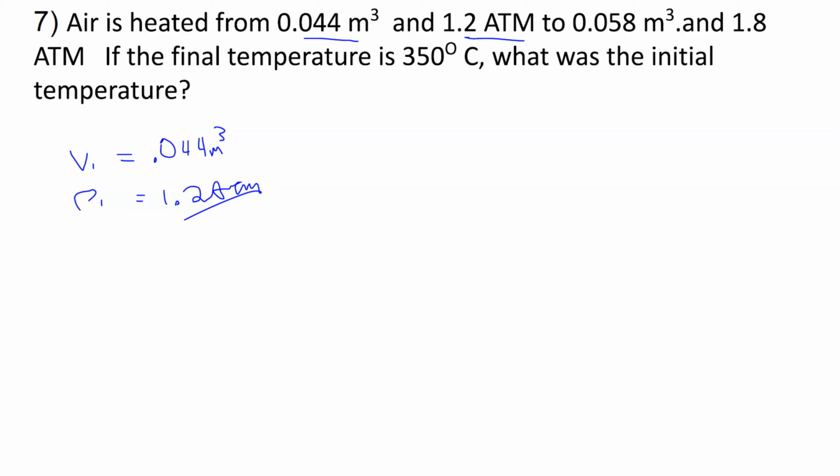Alright, but we're going to go to 0.058 cubic meters, and this is going to go up to 1.8 atmospheres. And they tell me that the temperature is going to end up at 350 degrees Celsius. And they want to know, what was the initial temperature?